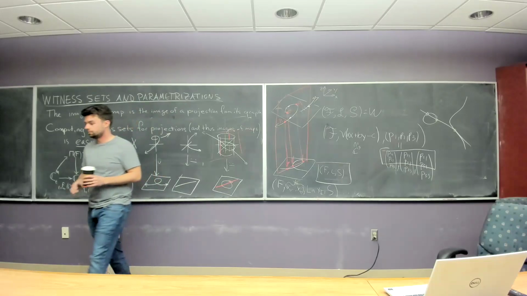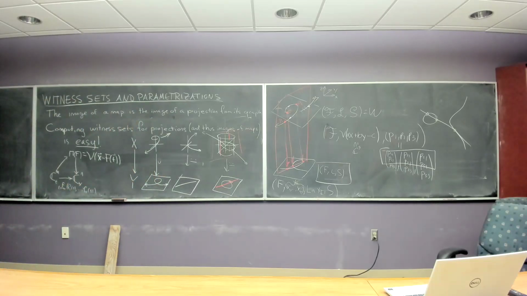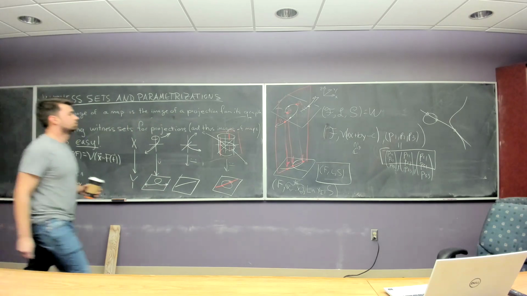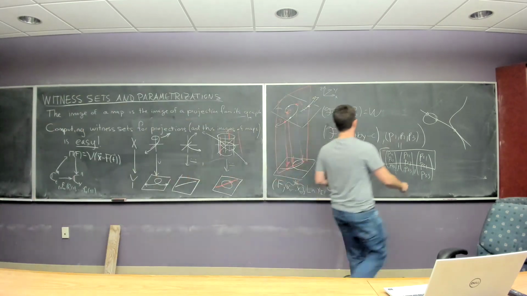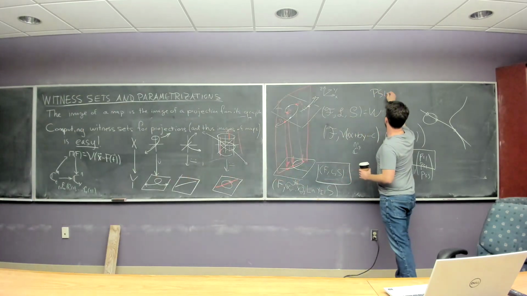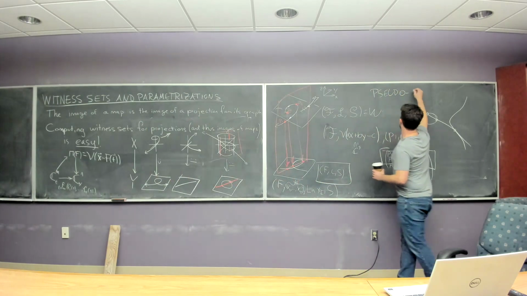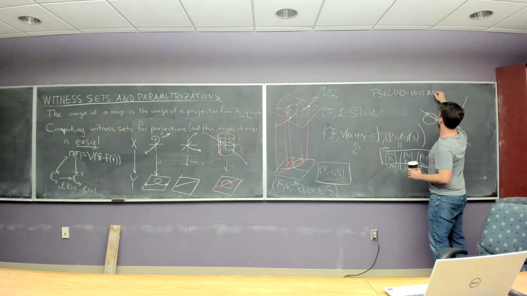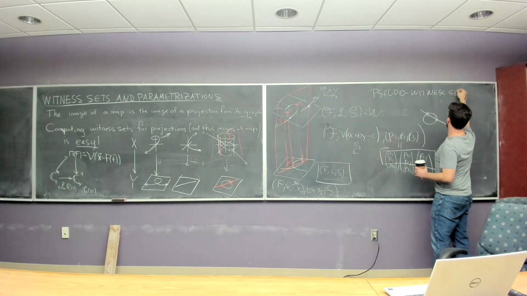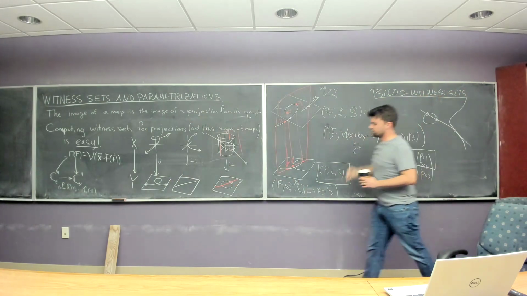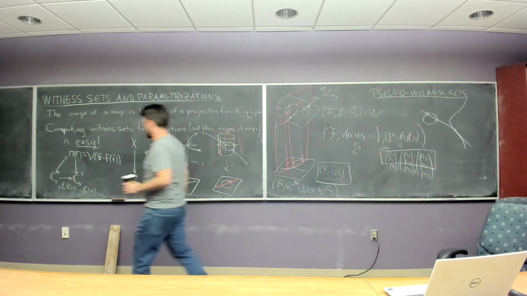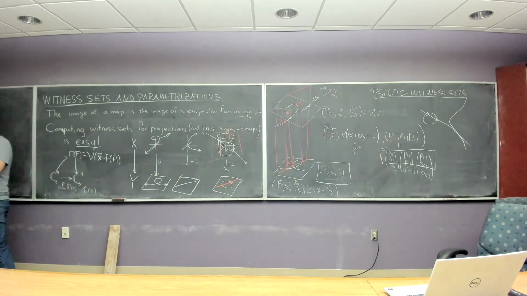Okay. So this is the story of what's known in the literature as pseudo witness sets. It's what allows you to get your hands on varieties whose equations you don't know. It's really, really powerful.